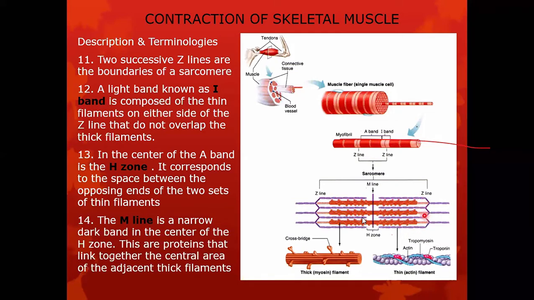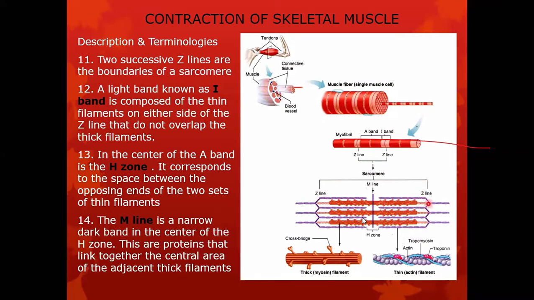So there are two I bands for each sarcomere, okay? There is an I band before every Z line. Since there are two Z lines for each sarcomere, you have two I bands.